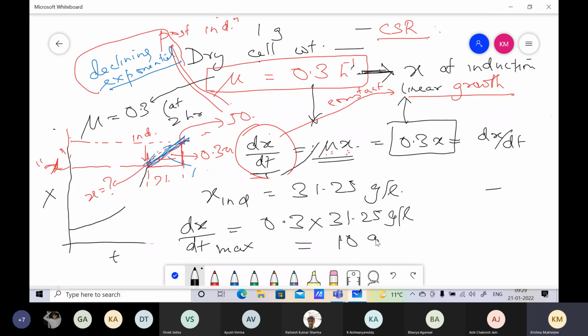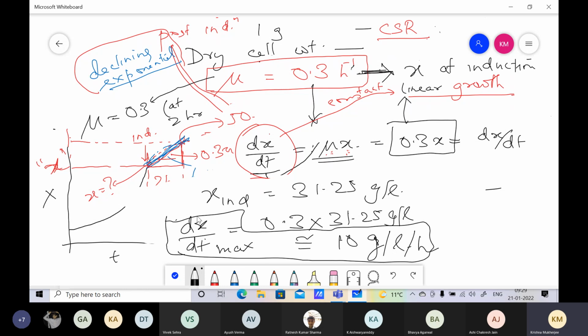Approximately 10 grams per liter per hour is the maximum. Notice that dx by dt max is now held at dx by dt max. Do you realize the interesting implication of this?